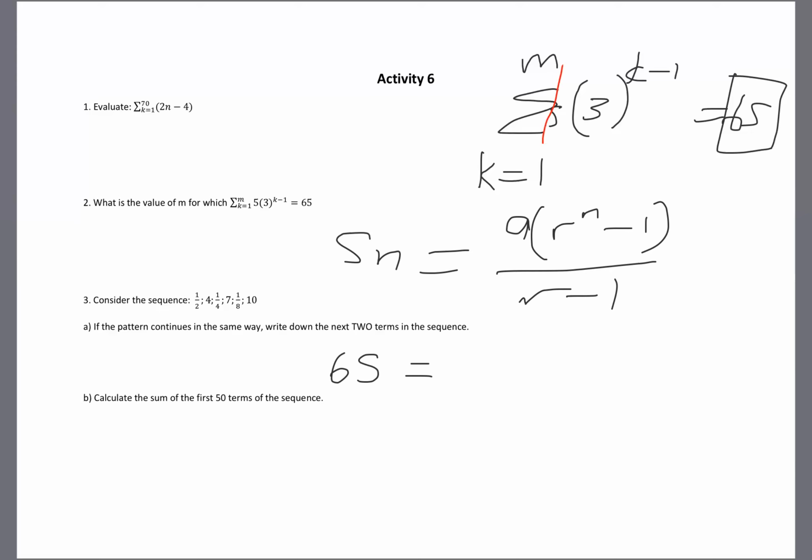Do you see this 5 times 3 to the power of k minus 1? Whenever you see this k minus 1 as an exponent, that's when you know that it's a geometric sequence. So that's how you can tell. Okay. Yes.